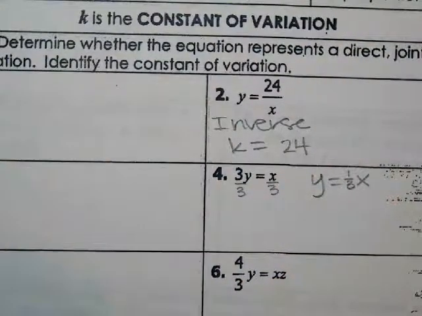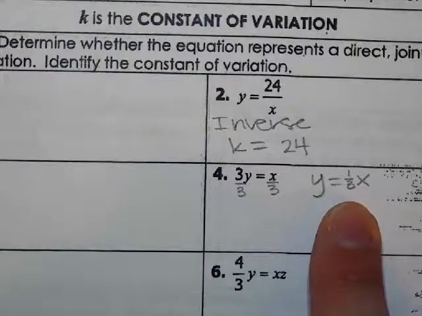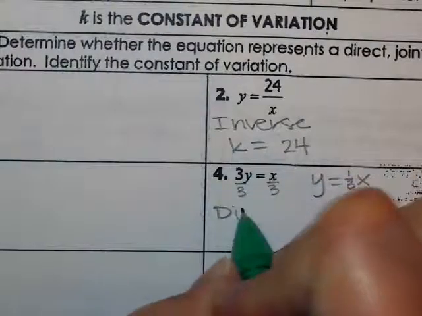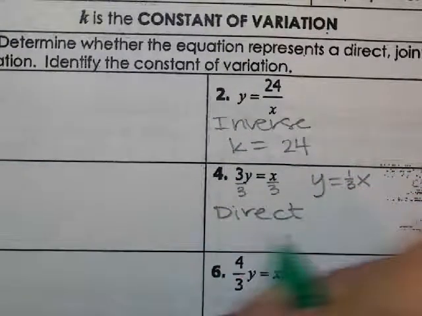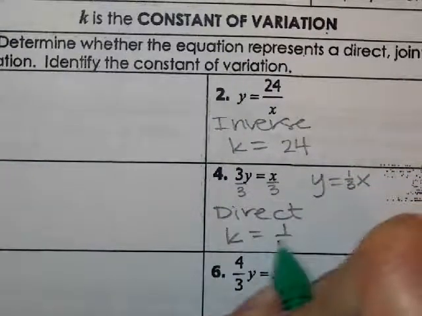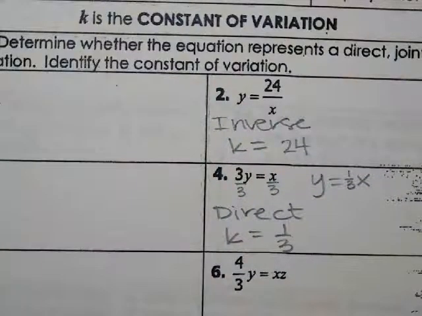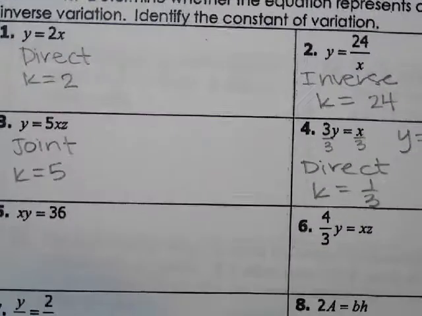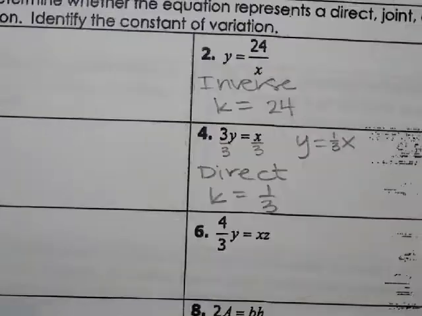So is this direct, joint, or inverse? Direct. And what is the k value? K is 1/3. Okay. All right. Let me know if I go too fast, okay?